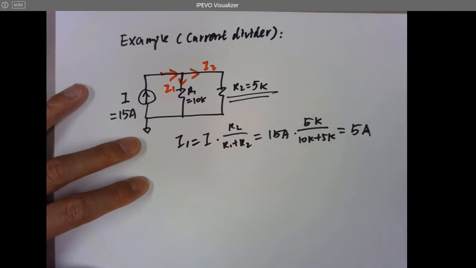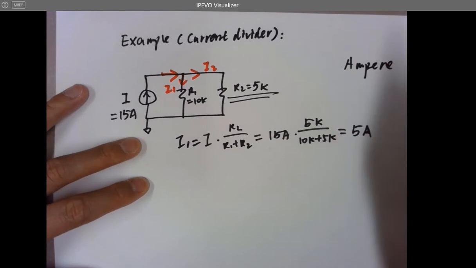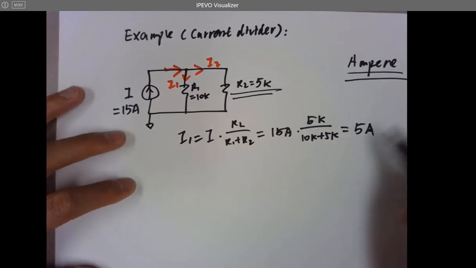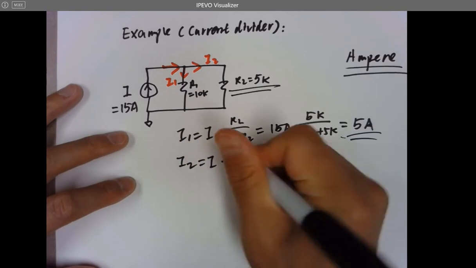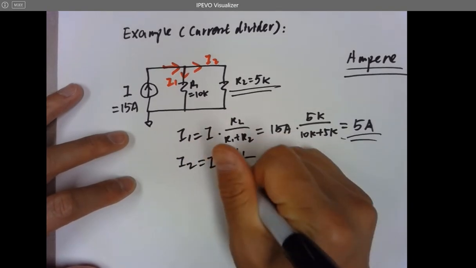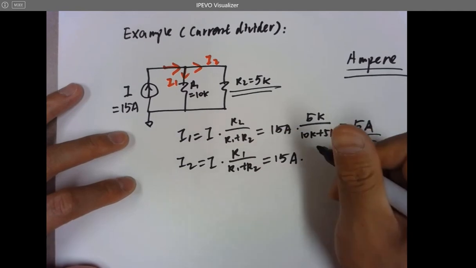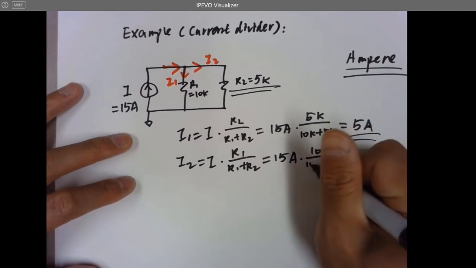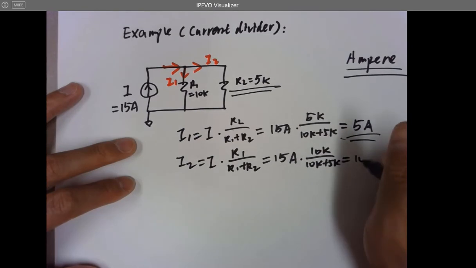Remember, amp is actually ampere, the unit of current. And I2, of course, equals I times R1 over R1 plus R2, which is 15 amps times 10K over 10K plus 5K, which is 10 amps.